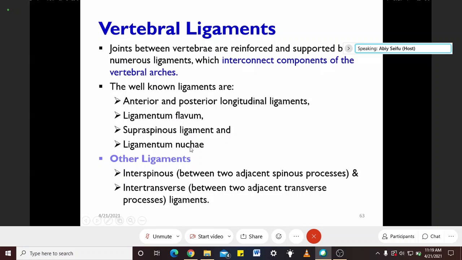This ligamentum nuchae, by the way, is a triangular one. We will show the ligamentum nuchae.